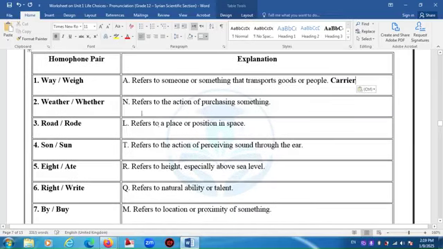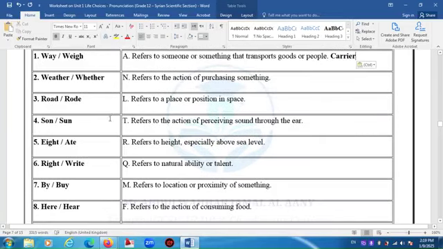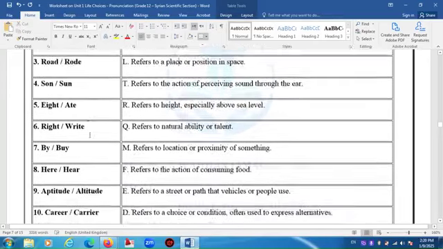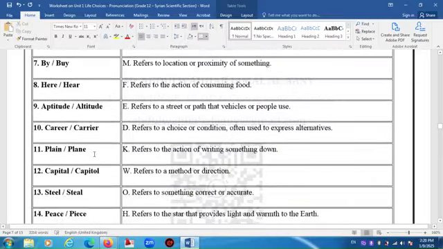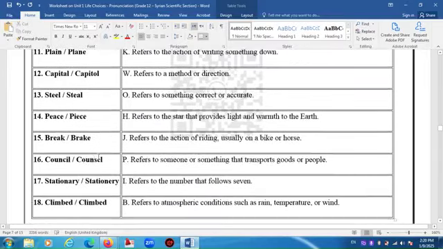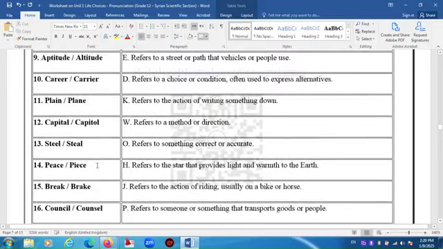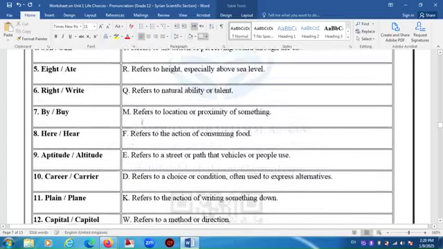Okay. Refers to the action of purchasing something. To buy. Refers to a place or possession in a space. Where is it? In a space.